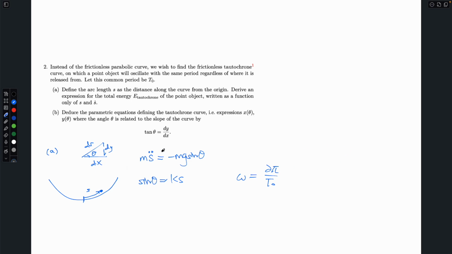Okay, so we impose the condition that g sine theta has to be equal to 2 pi over t naught, because we want it to be simple harmonic.